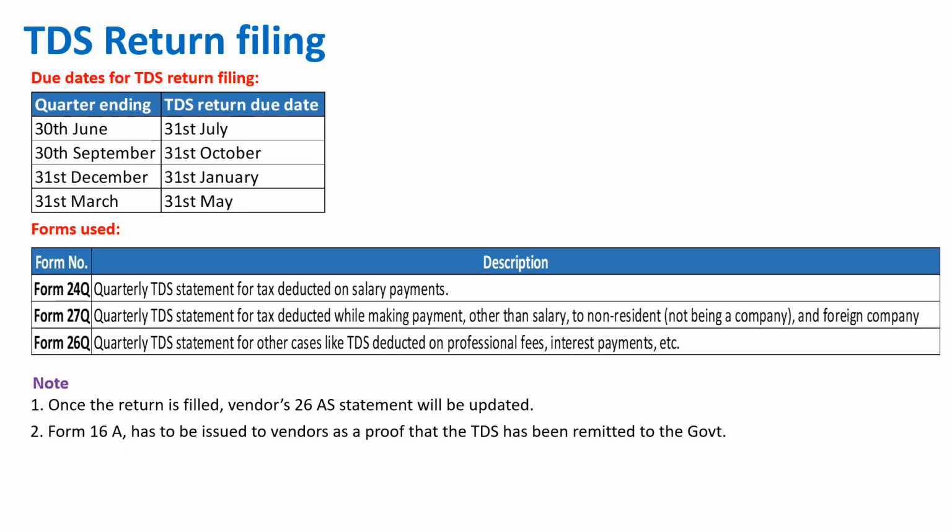It is mandated that you should issue it, not that the vendor should follow up. As per the law, you have to issue it. There is a penalty also if you don't issue, because this certificate is proof that you have deducted and remitted to the government. Even though it reflects in 26AS, anytime you can go and modify the 26AS or revise your return.